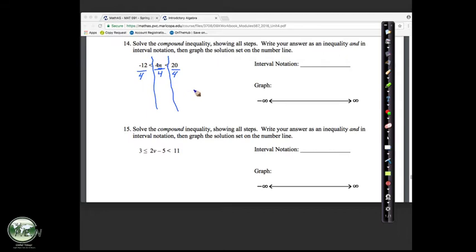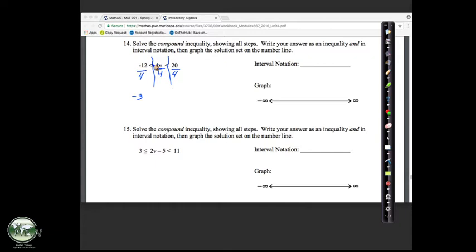Okay, so let me clean this up a little bit. I don't need those lines quite that long. Okay, so if I take negative 12 and I divide it by 4, what do I get? Negative 3.